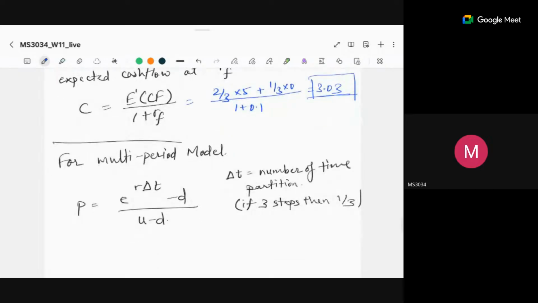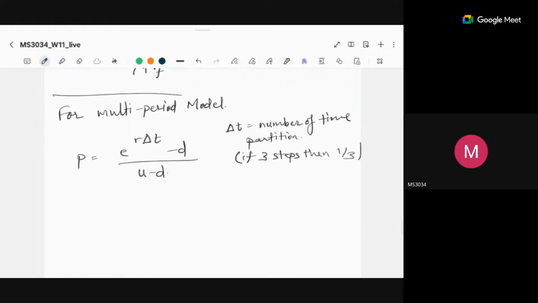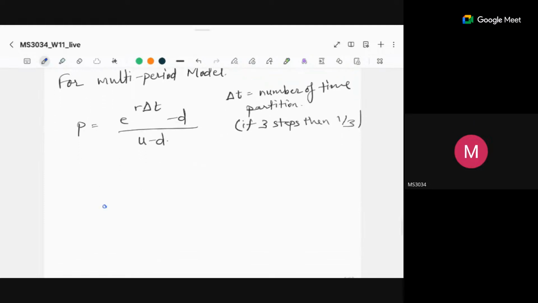For a multi-period model, for example, if my option is expiring in 3 months and there are three possible price movements there, my tree would become like this: this goes down, this goes down, this goes up and down.